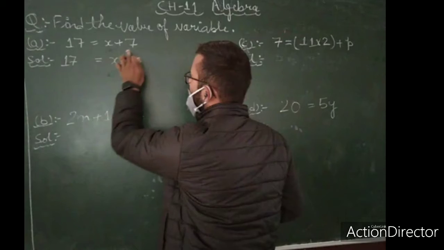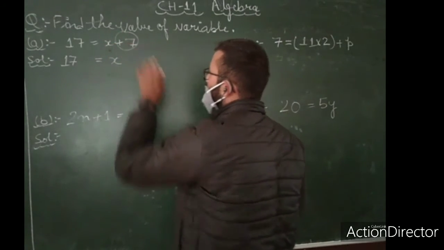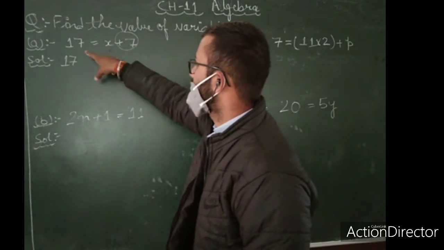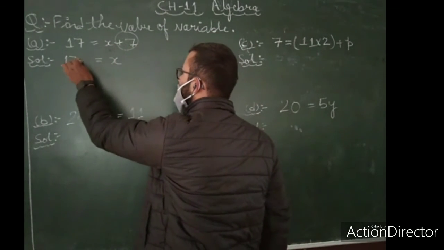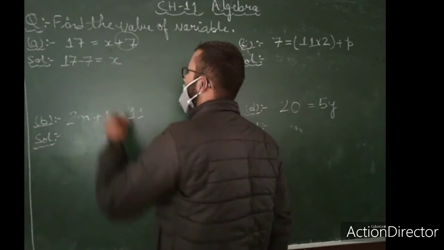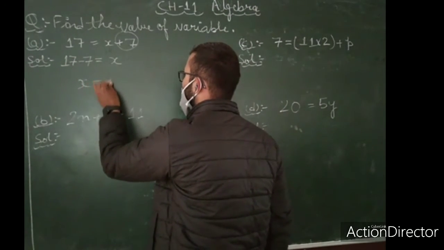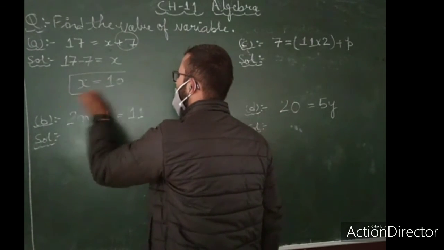The symbol with 7 is positive. When it goes to the other side of the equal sign, it changes into a negative symbol, so we write minus 7. And 17 minus 7 is equal to 10. So we write x equal to 10.